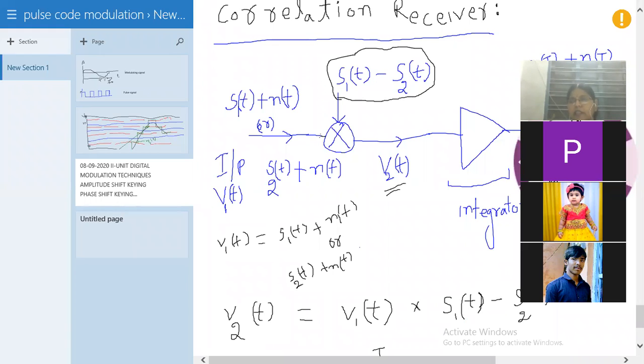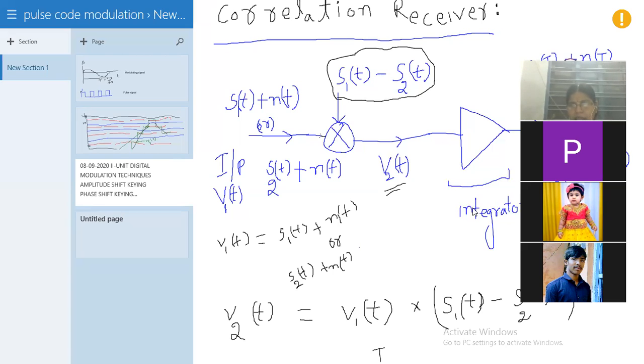V1 of t, that is the input signal, is multiplied with S1 of t minus S2 of t. V1 of t is nothing but either S1 of t plus N of t, or S2 of t plus N of t. Then that signal is given to the integrator.